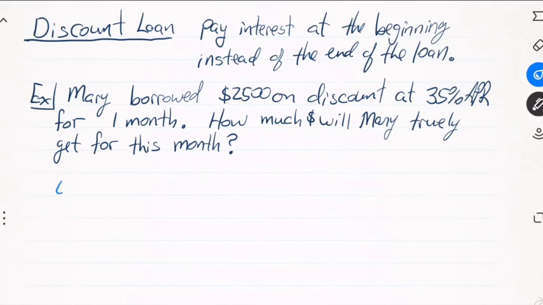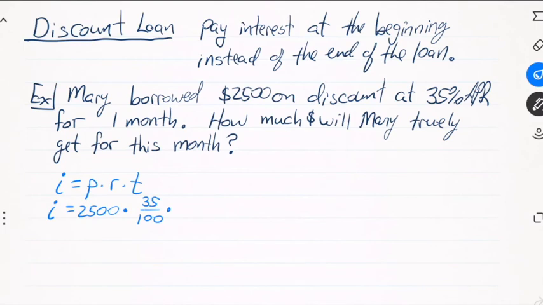So we're going to set this up as I equals PRT to find out how much money they're going to charge Mary for this money. So we'll get I, we don't know what that is. P is the $2,500 she's borrowing. The rate is 35%, and it's not uncommon for it to be even higher than that.